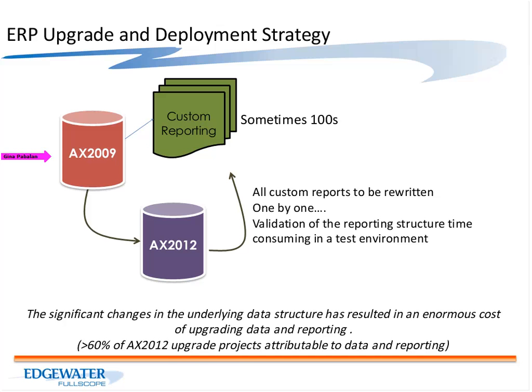And as they look to go to 2012, all those reports have to be rewritten one by one because, first of all, AX has migrated all reporting from X++ to SSRS. So if you've done a modification to one of their reports, you've got to start with the SSRS report and then re-implement the modification on it. And any of your custom reports are going to need to be done too.